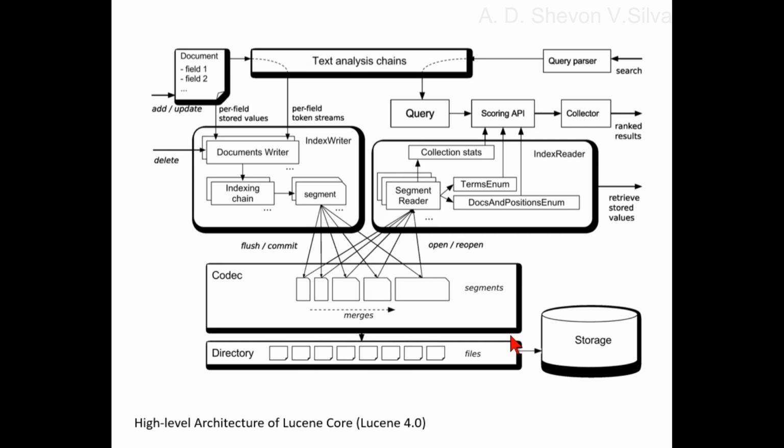The default codec implementation, aptly named Lucene40, uses a combination of well-known compression algorithm strategies selected to provide a good trade-off between index size and relative cost of I/O seeks and decoding costs.